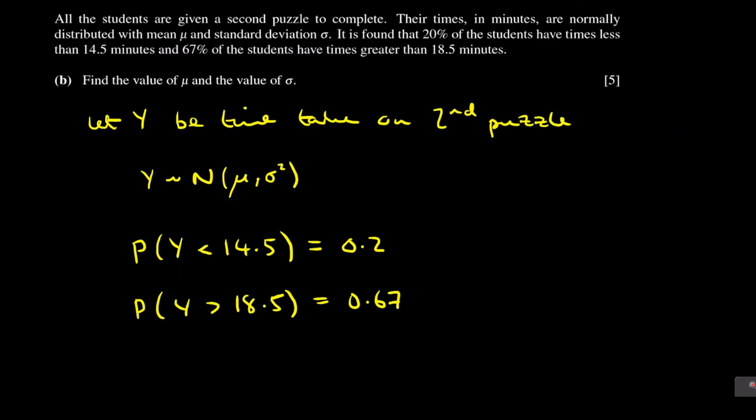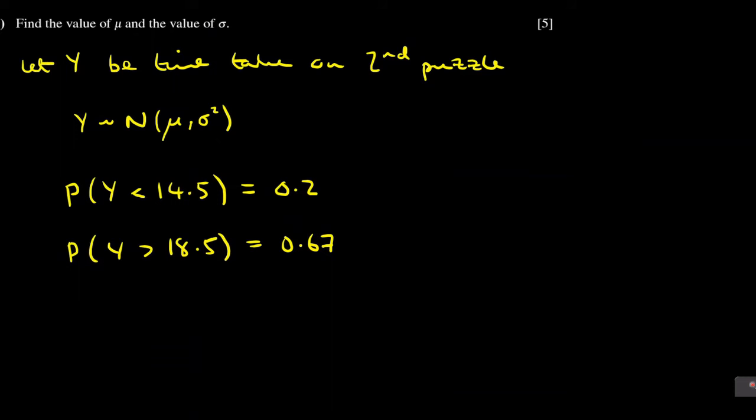Okay, now I think it's helpful to think about these in terms of the Z distribution first. So we're going to transfer these to the Z distribution. So we are finding the probability that Z is less than some particular value, I'll call that Z1, being equal to 0.2.